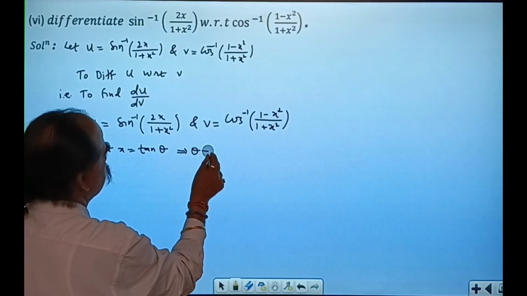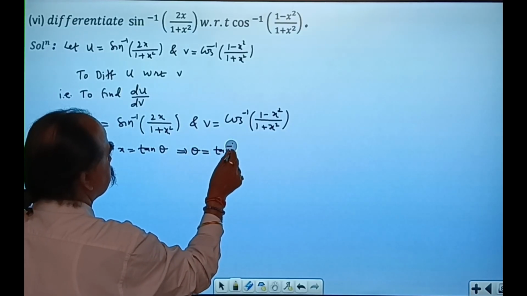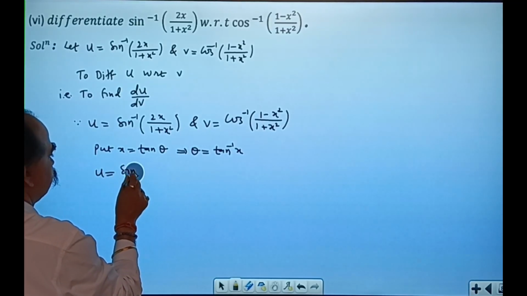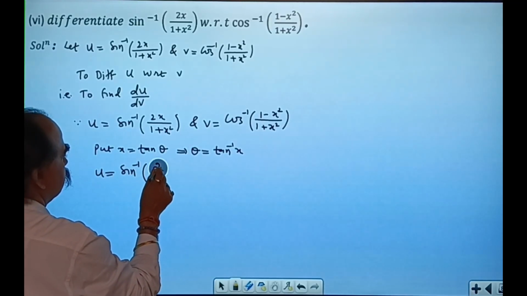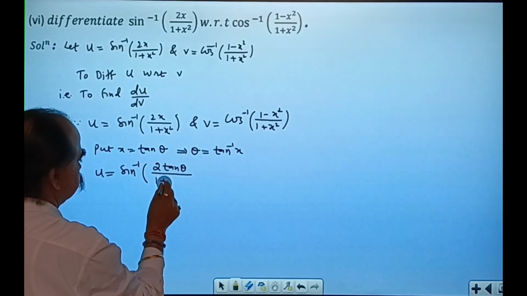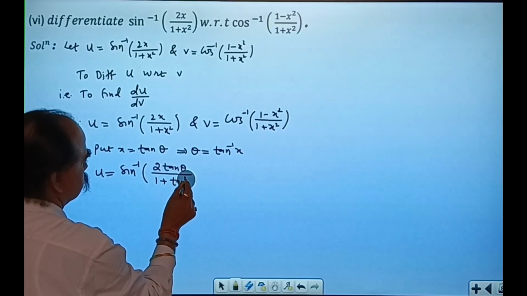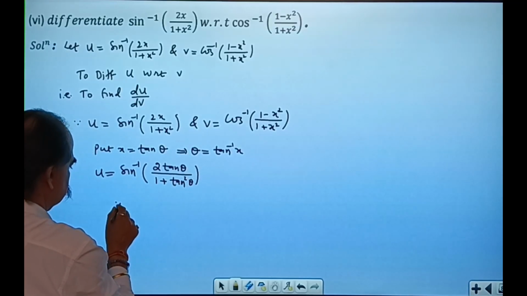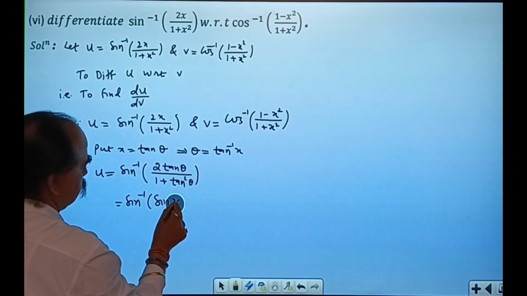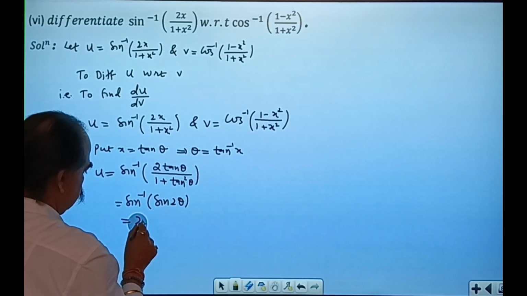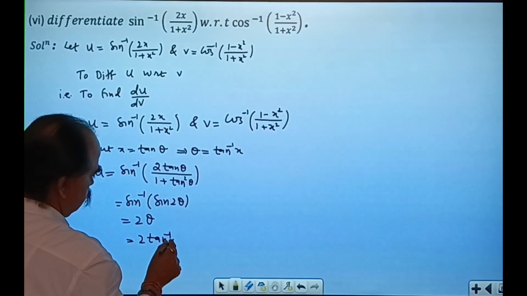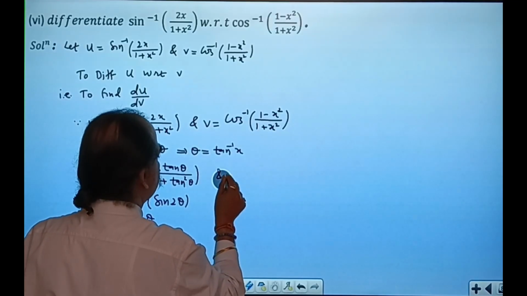So theta is what? Tan inverse x. So u will become sin inverse 2 tan theta upon 1 plus tan square theta, sin inverse sin 2 theta, 2 tan inverse x, and v is what?